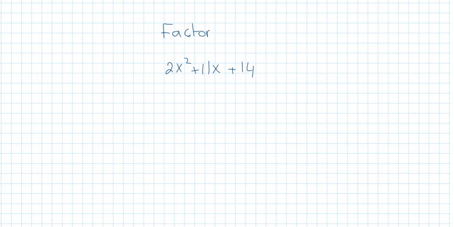And that is going to affect my sum and product. We can't put decimals. Okay? So my sum and product, you have to multiply your A and your C. So it has to be a product of 28. So I'm looking for two numbers that multiply to 28.